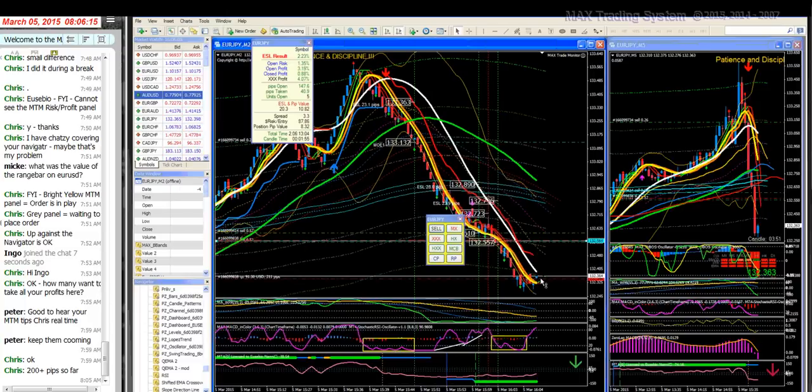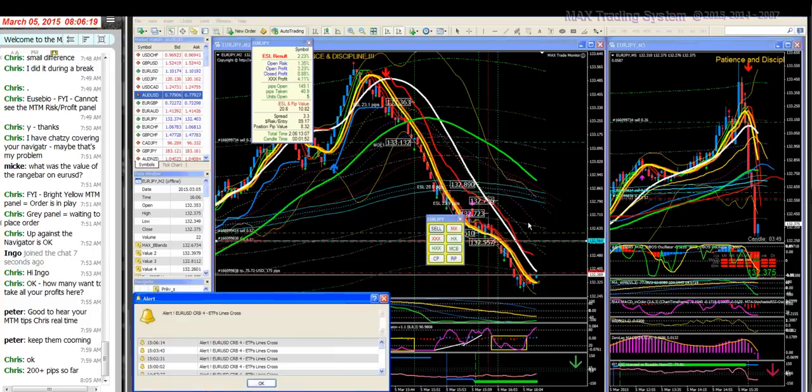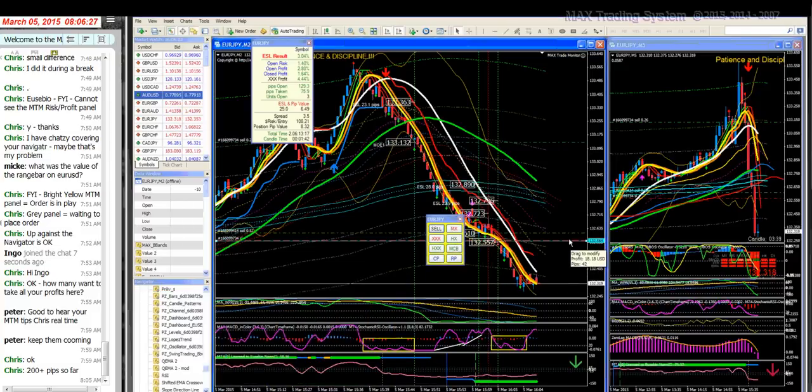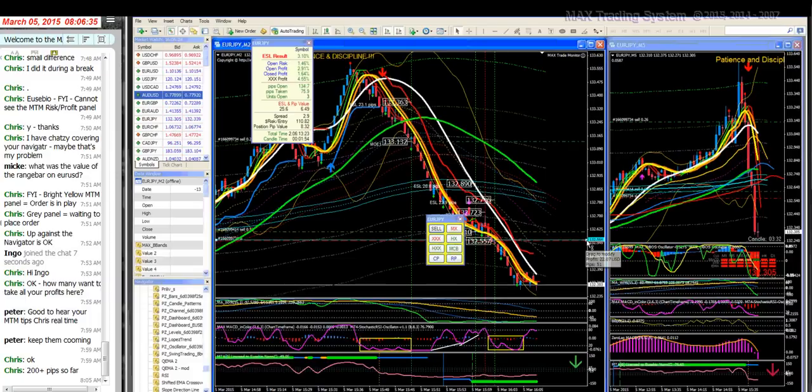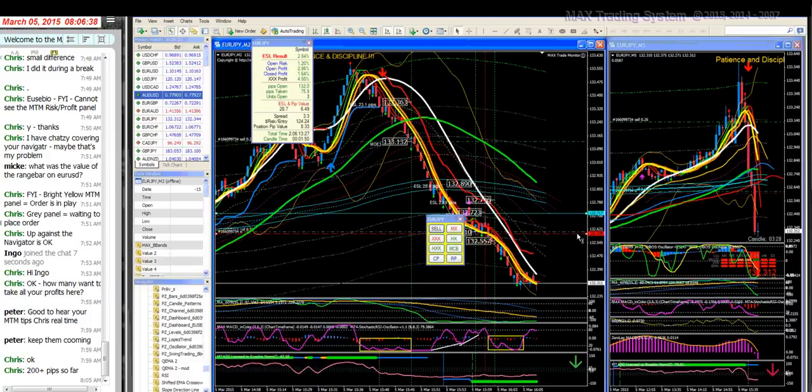Oh, sorry. I think I have moved the stop loss line. No, my stop loss is here. This is the problem with the blue line. Let's do it that way. Okay, nothing wrong.